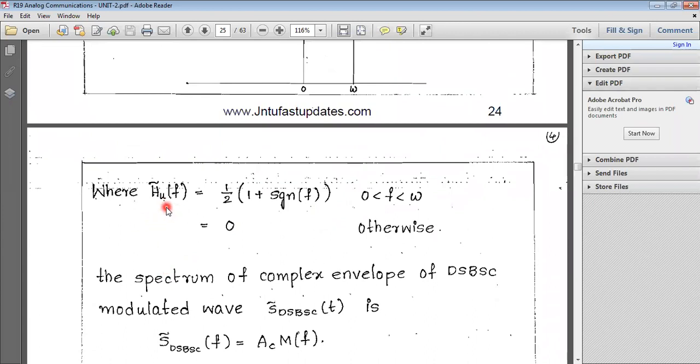It can be mentioned as H envelope of f is equal to half into 1 plus signum function of f, between the frequencies 0 to omega.